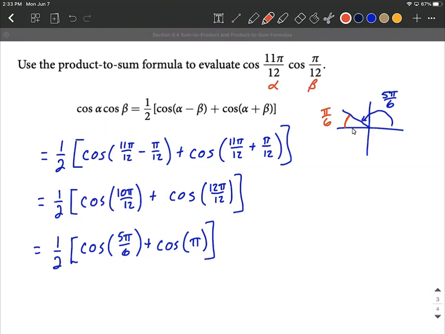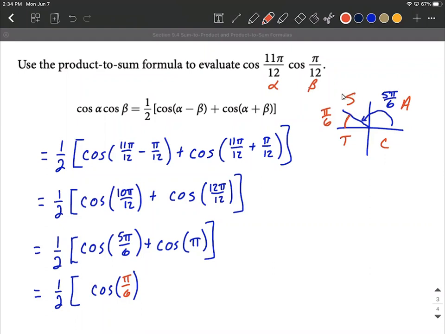Okay, so I'd like to plug in that reference angle. So coming down here, I'm going to say that's 1/2 multiplied by cosine of, plugging in this reference angle, pi over 6. But here's where, when you plug in a reference angle, you have to be very careful that our original angle was in the second quadrant. So I like using the phrase, all students take calculus, to help me remember, should that be positive or negative in the second quadrant?